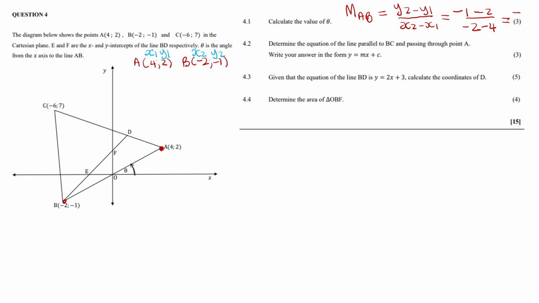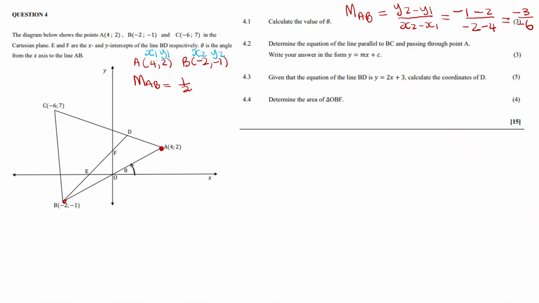So this will be negative 3 divided by negative 6. I think everyone can agree with me that the negative will cancel. Therefore, what is the gradient of AB? The gradient of AB will be equal to 1 over 2.